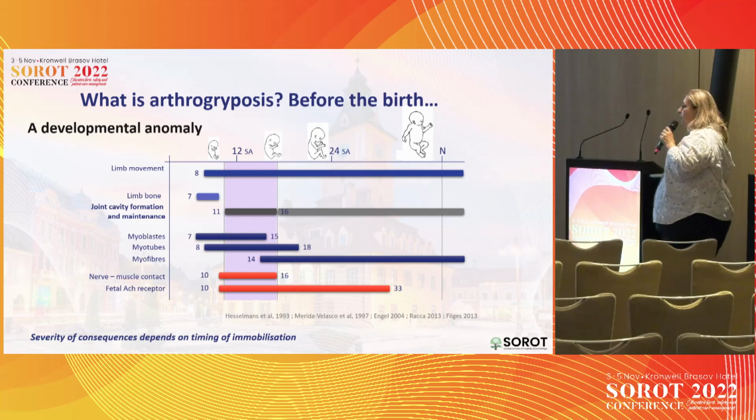It can be a consequence of muscle, of nerve, and it has consequences on the formation of the joint cavity and its maintenance, and so we can see what's going on.